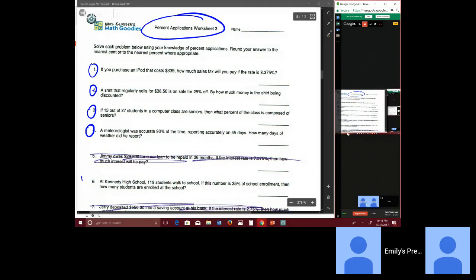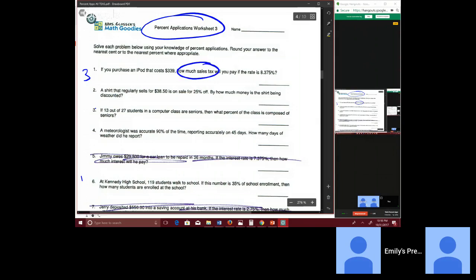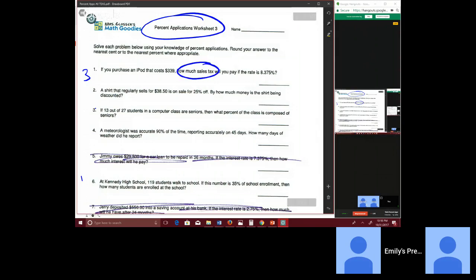Okay, so the first question is a scenario 3. If you purchase an iPod that costs $339, how much sales tax will you pay? So they just want the tax. That is ultimately a scenario 3 because basically the question is, what is 8.375% of $339? So we take $339 times 0.08375.